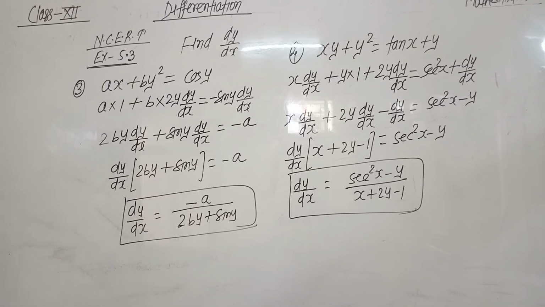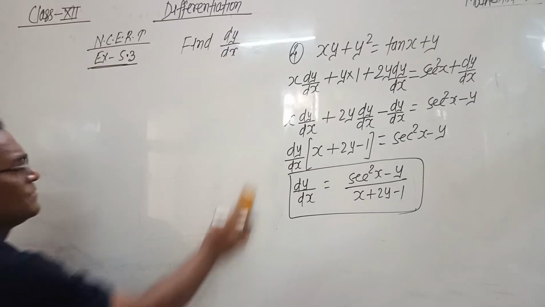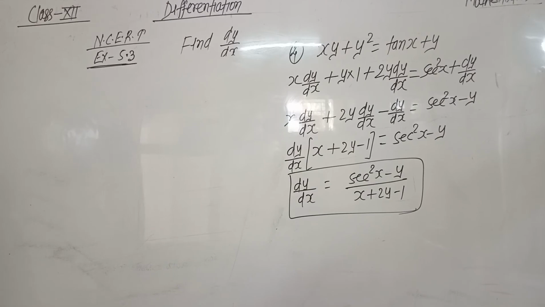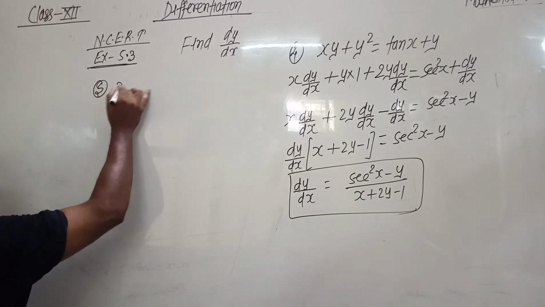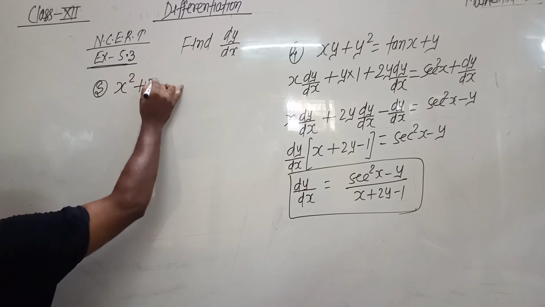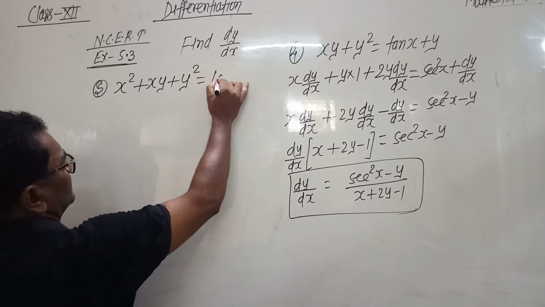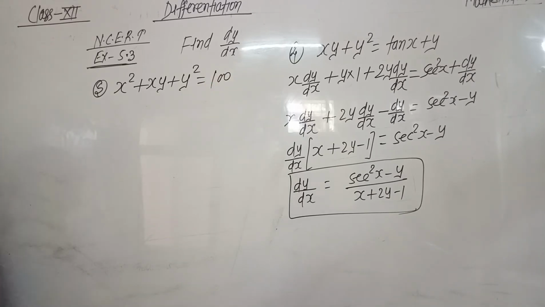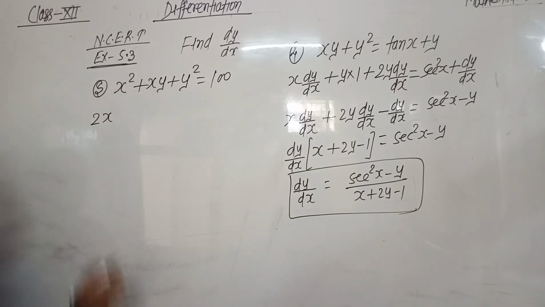Now question number 5. x square plus xy plus y square equals 100. Differentiate both sides. The differentiation of x square is 2x, using the formula for x raised to the power n.